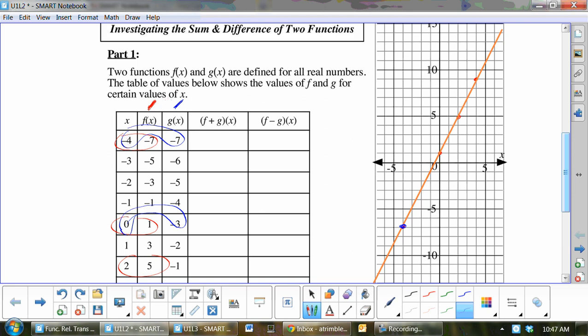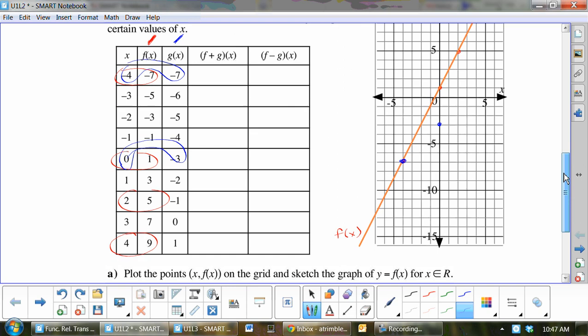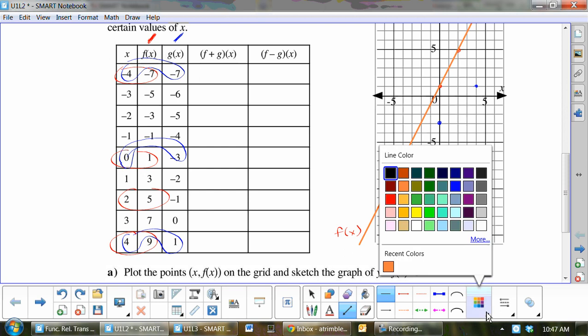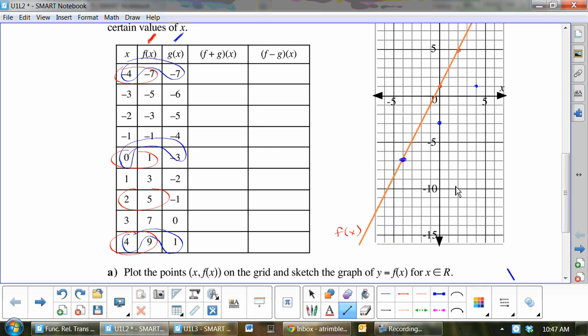And this one is (4, 1). (4, 1) is right there. So you can see that this one is doing a line right here.